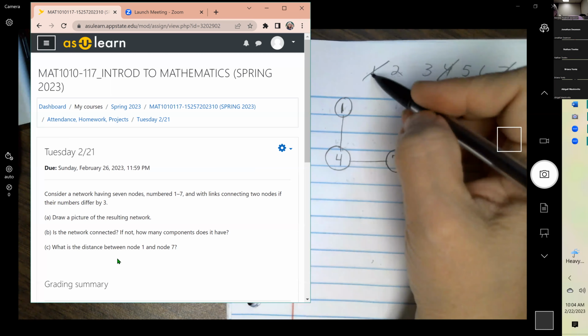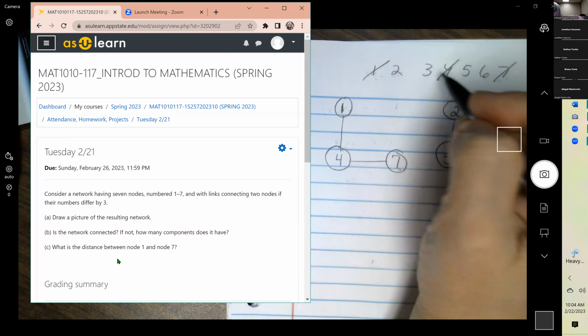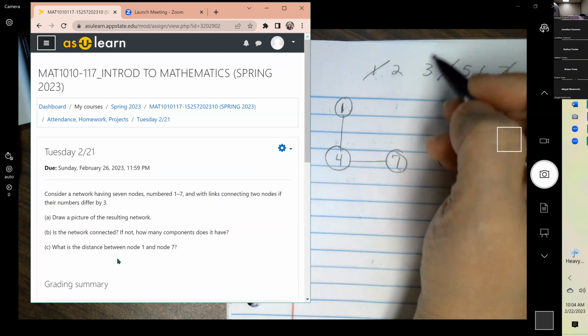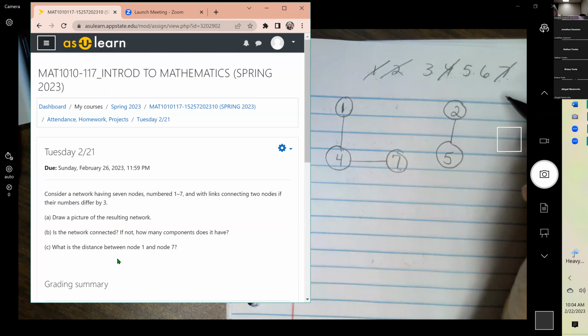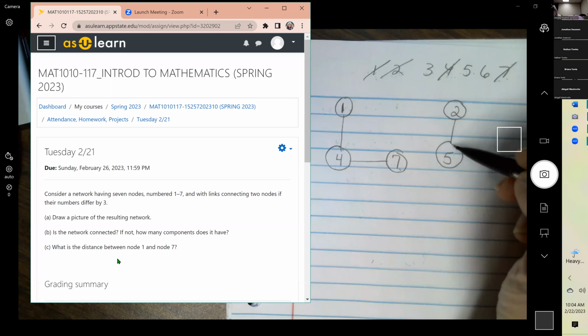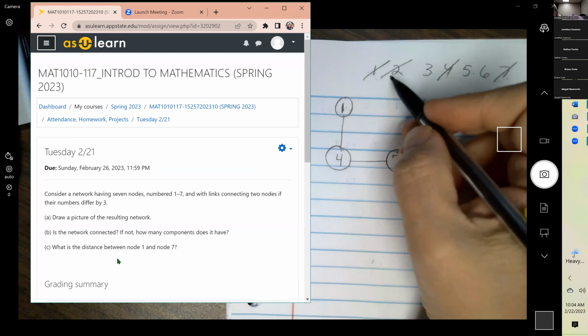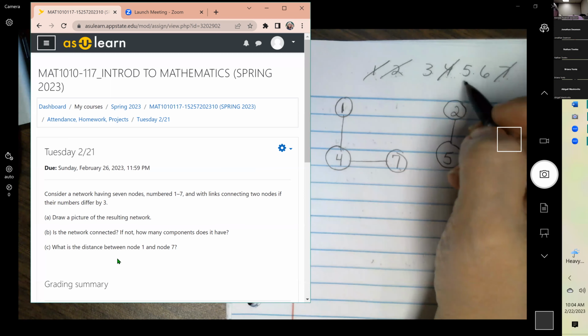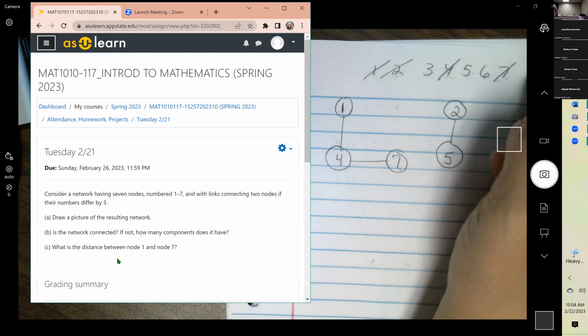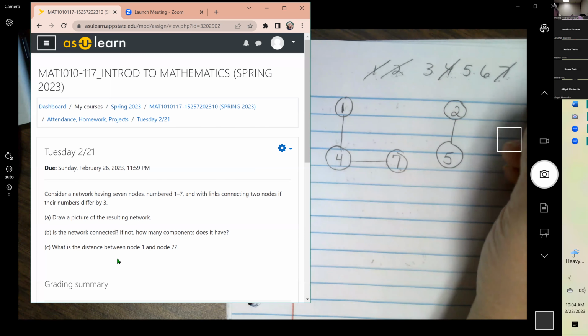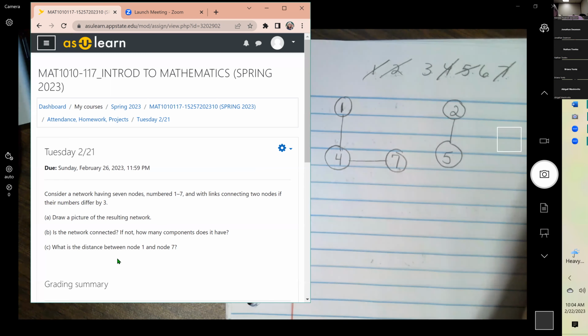There's nothing below 1. So 2 only connects with 5. Since I have 5, I'm going to check 5 next. From 5, going down 3, I get the 2, which I already have. Going up 3, I get to an 8, but we're not using 8. So we've done all the possibilities with 5.